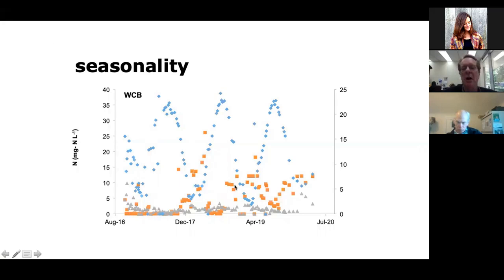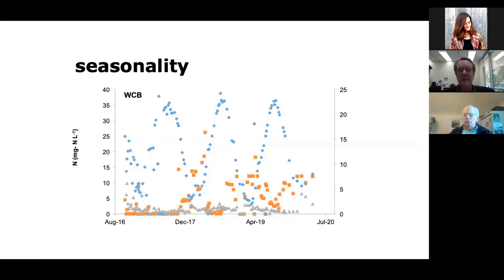And this orange line is nitrate, and the small gray data is TKN. So the system is almost all nitrified. It's all in nitrate up here. But in the wintertime, when the temperature is low, the amount of nitrate goes up. So denitrification attenuates.